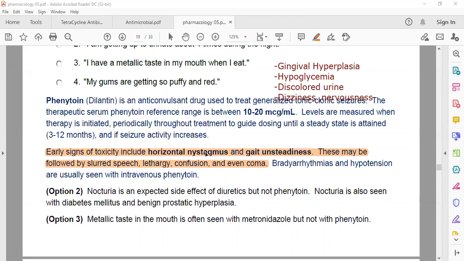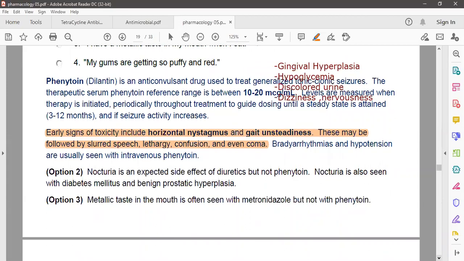Nystagmus means twitching eye movement, and unsteadiness means loss of balance, feeling lightheaded, slow and shallow breathing, muscle stiffness, tremor, nausea, and vomiting. Bradyarrhythmia and hypertension are usually seen with intravenous phenytoin.